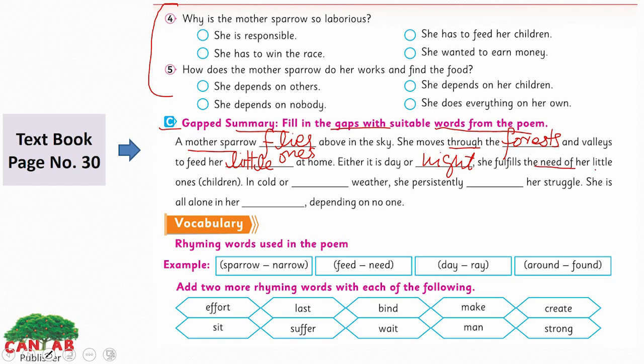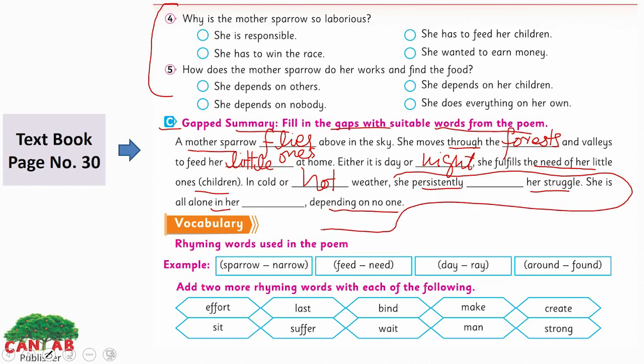She fulfills the need of her little ones, children, in cold or what? Yes, hot weather. Garmi ho ya sardi ho. She persistently her struggle. She all alone in her depending no one. These two gaps you have to fill it by yourself.